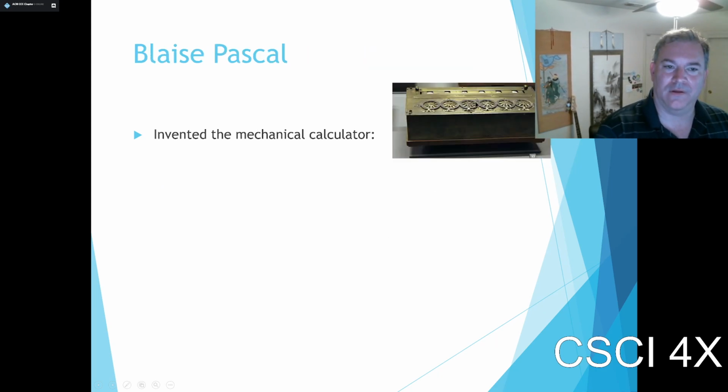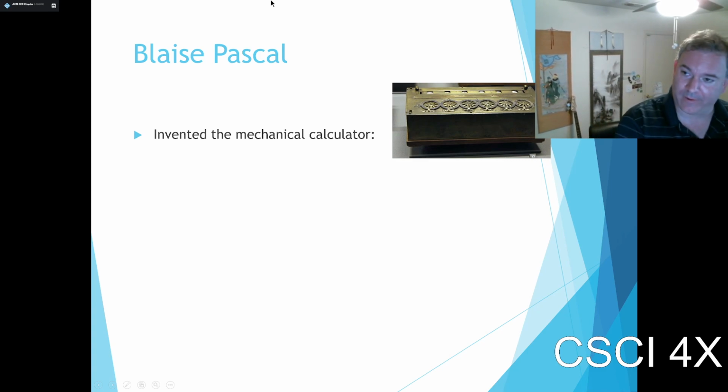Okay, so Blaise Pascal did a lot of cool things. He was a very smart guy indeed. He invented the mechanical calculator. I don't know if you guys know this, but there's a dozen or so of these left, and it would actually do math in the 1600s. No electricity, no smartphones, but he had an arithmetic calculator.